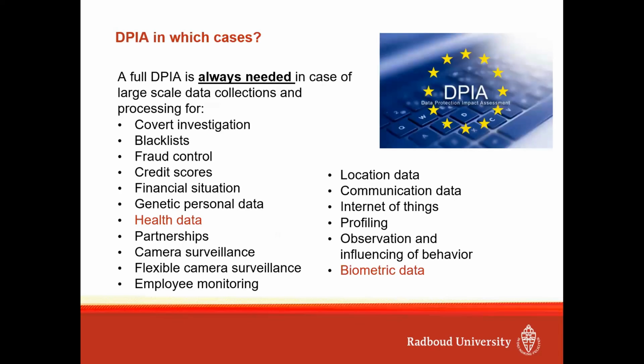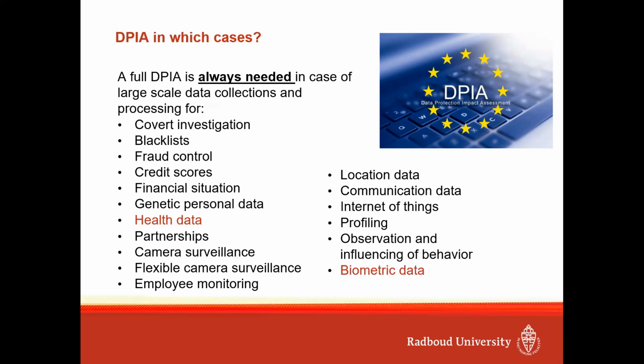So, as I said, sometimes it's very easy to know when you need a DPIA. It's always needed in case of the following conditions, covert investigation, you see the whole list there. And I think relevant for linguistics, typically, are maybe the two that I highlighted in red, when you're dealing with health data or with biometric data.